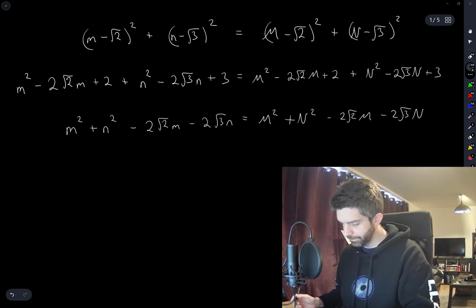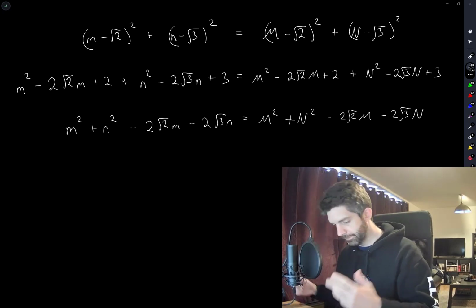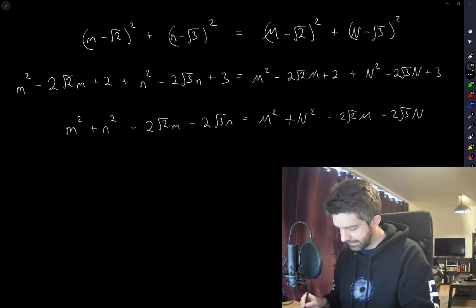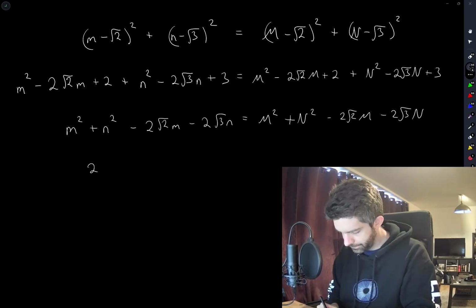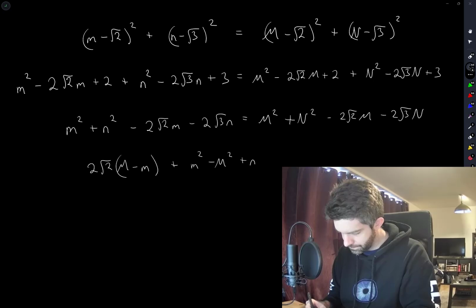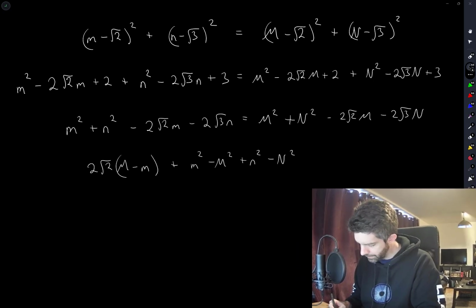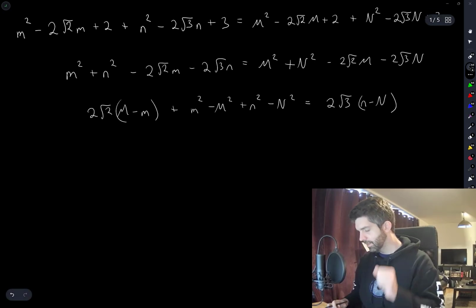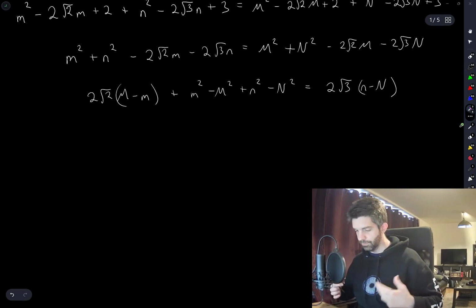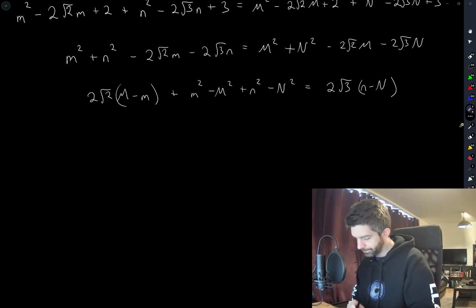Let's put everything, how do I want to rewrite this? The way I'm going to write this is so that it's in the same form as a result in a previous problem.